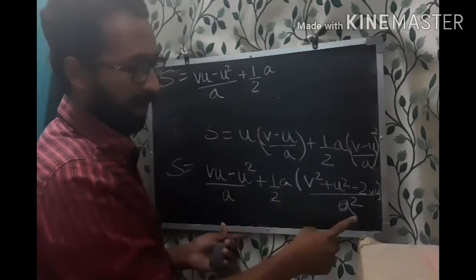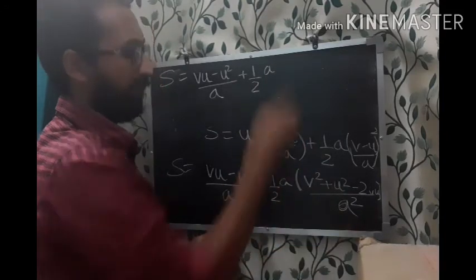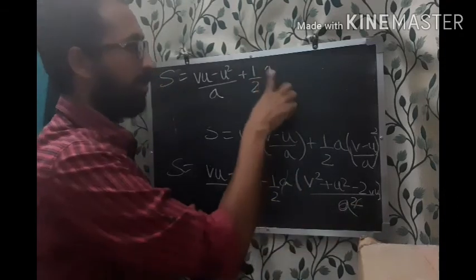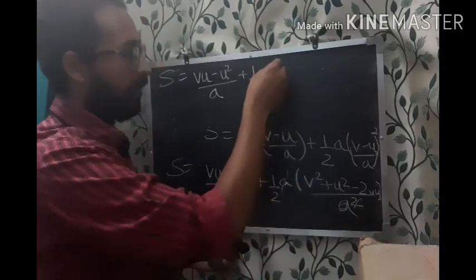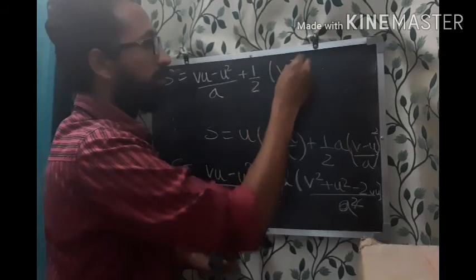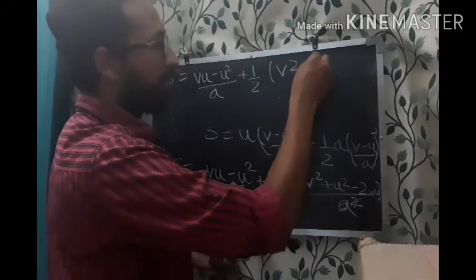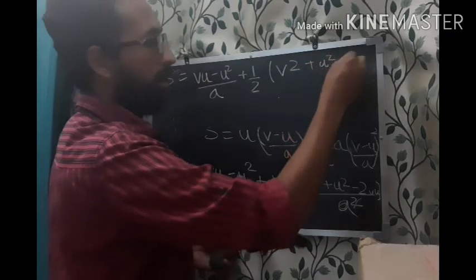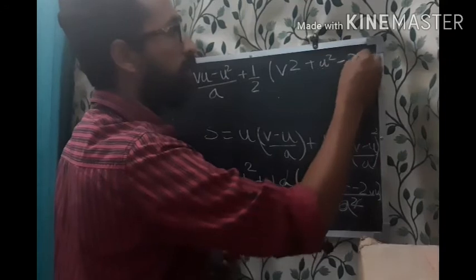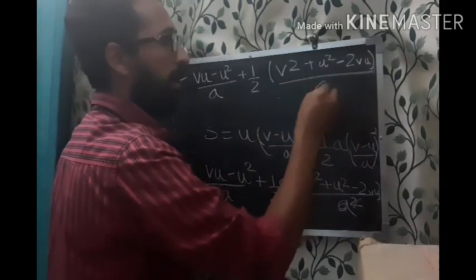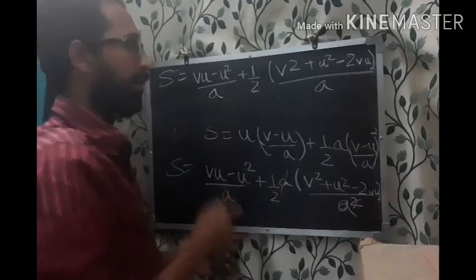Now this a and a square can be cancelled. So I will be writing v square plus u square minus 2vu upon a. This will be the resulting equation.